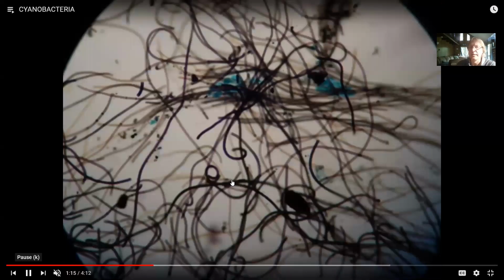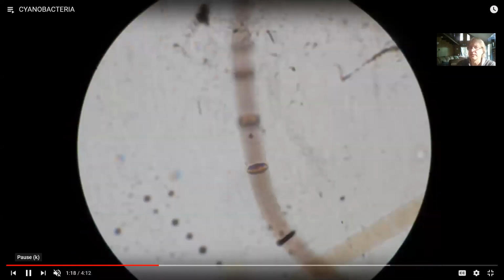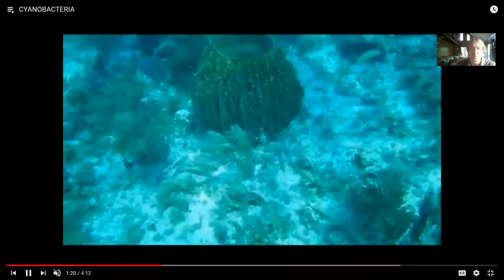Some of these different cells can then decide to fix nitrogen, which benefits the colony. So sometimes this is a nitrogen fixing structure. Sometimes it's a type of spore, which would then be resistant to environmental change. So here you can see different kinds of cyanobacteria.